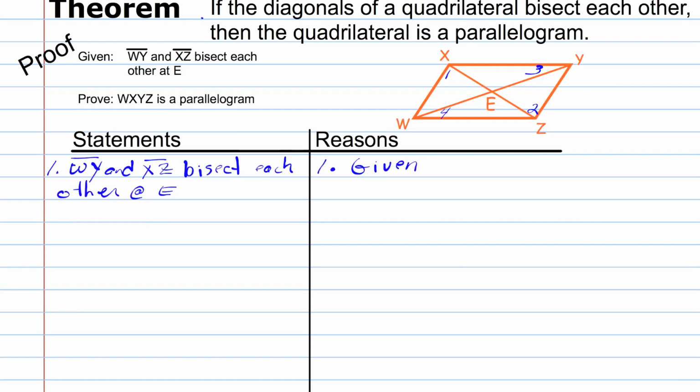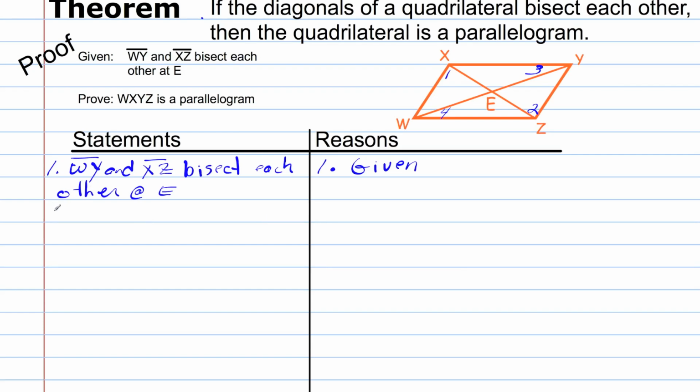If we can prove those congruent, then segment XY is going to be parallel to segment WZ by the alternate interior angles theorem. To prove them congruent, we're going to use a triangle congruence proof. So let's get proving angle 1 and angle 2 congruent, angle 3 and angle 4 congruent.